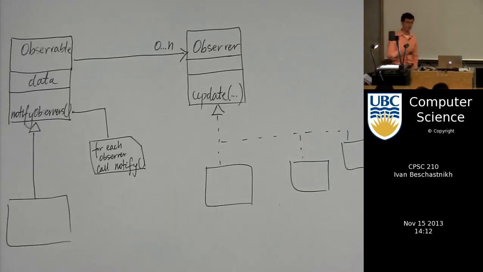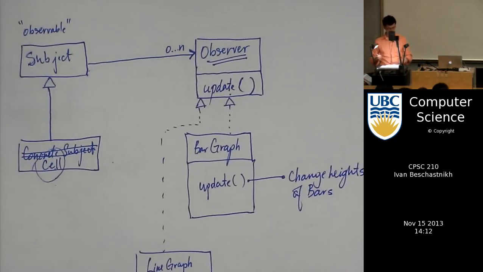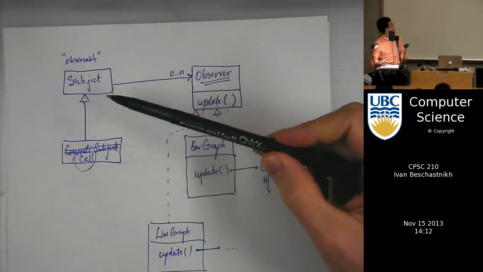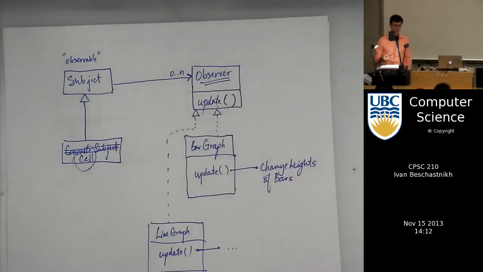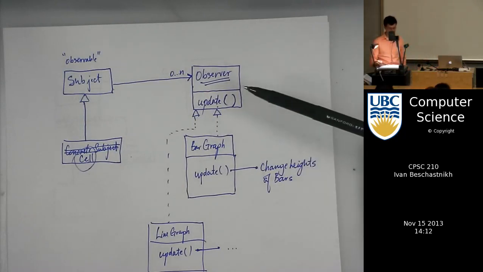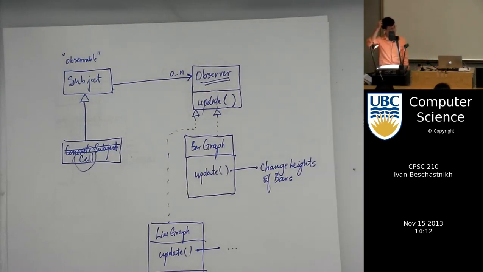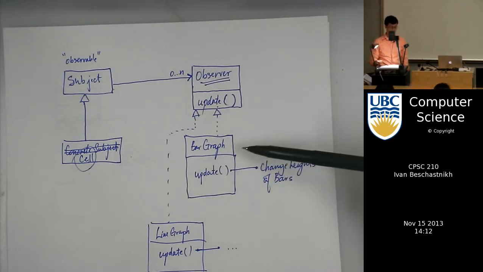So the example was the spreadsheet, where my cell is my observable. It's my subject. And the cell contains some data, perhaps some number. And then you have some set of observers that are interested in receiving updates about this data.